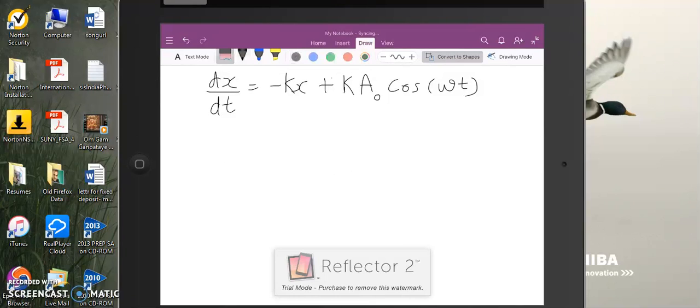Now we know that a linear equation is of the form dx dt plus kx equals something. So we can move the kx to the left to write it as dx over dt plus kx equals a naught cosine of omega t.